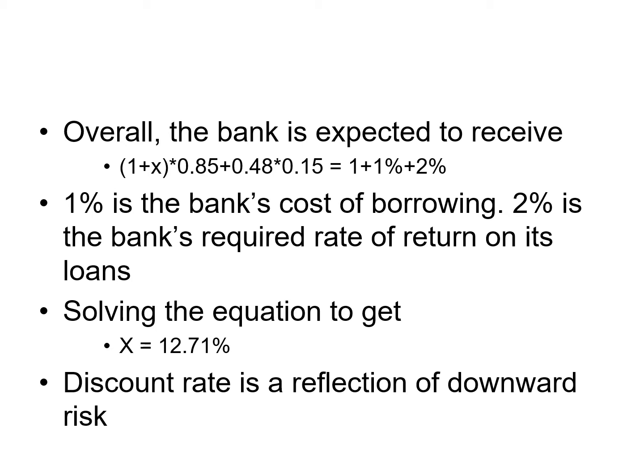Overall, the bank is expected to receive (1 plus X) times 85% probability plus 0.48 times 15% probability. That is equal to 1 plus 1% plus 2%.